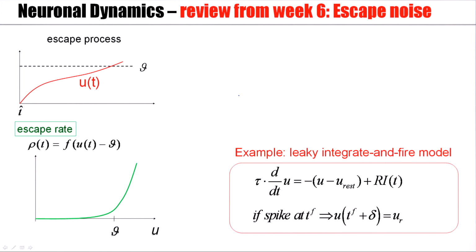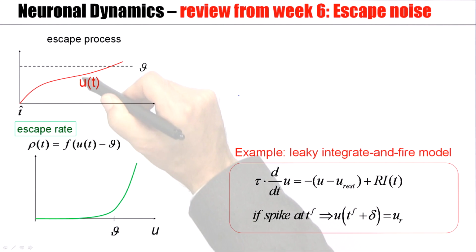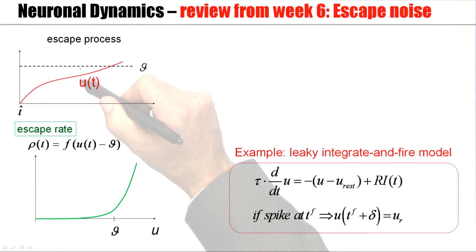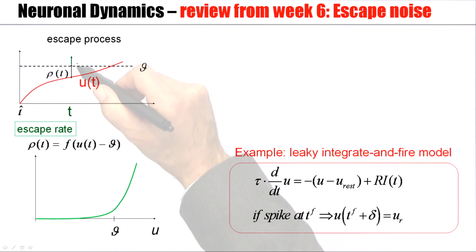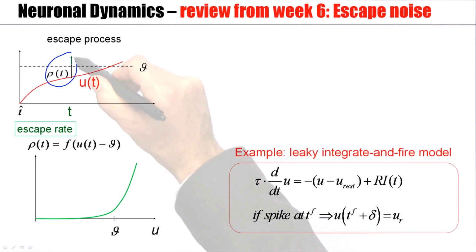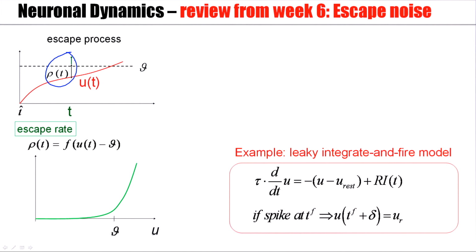And this is exactly the notion that we have seen last week. A spike may be fired with a certain instantaneous rate, rho of t, despite the fact that the membrane potential hasn't reached the threshold yet.